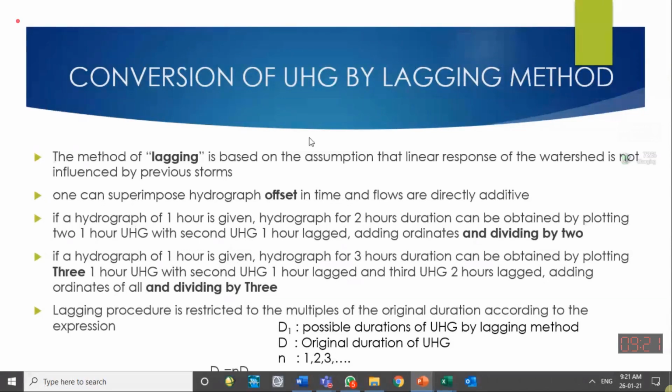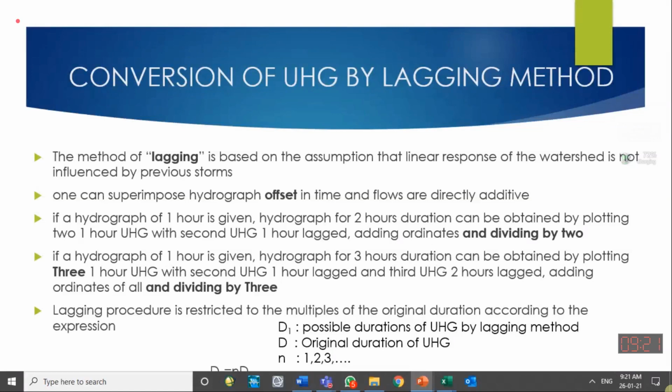If a unit hydrograph of 1 hour is given and we want to convert it to 3 hours, that is a whole multiple of 1 hour, so multiply by 3. In this case we can use a simple method. The lagging method can be used.